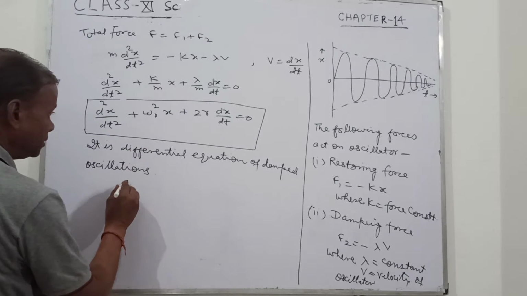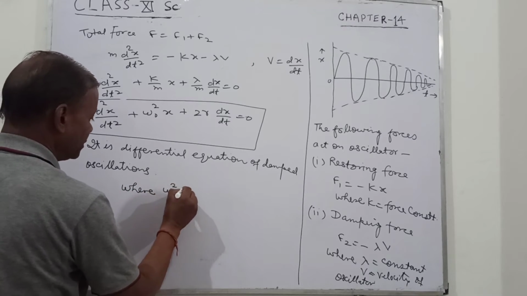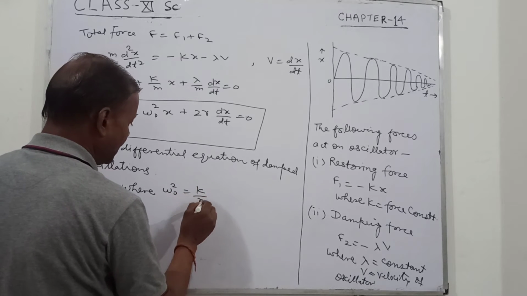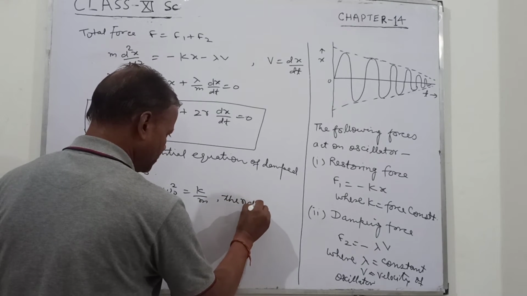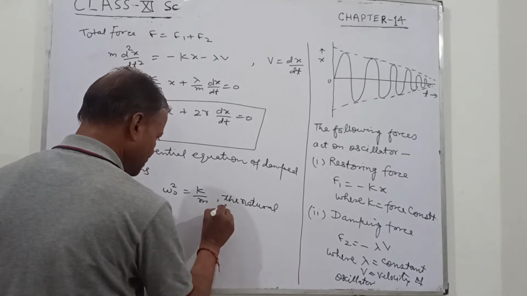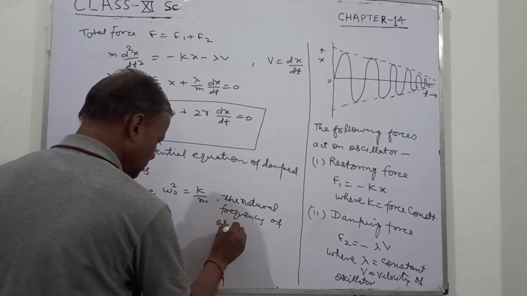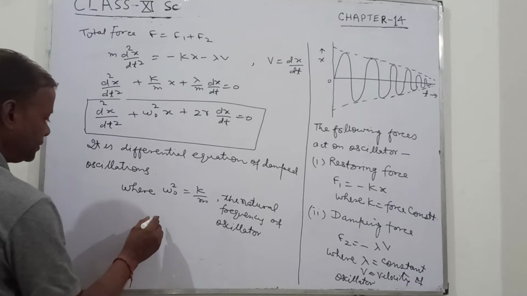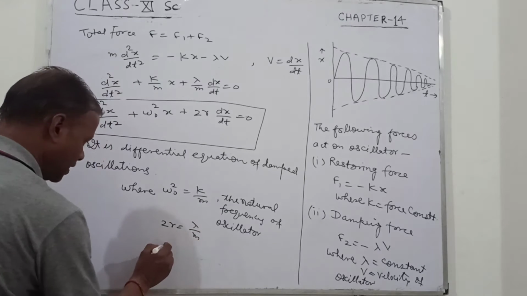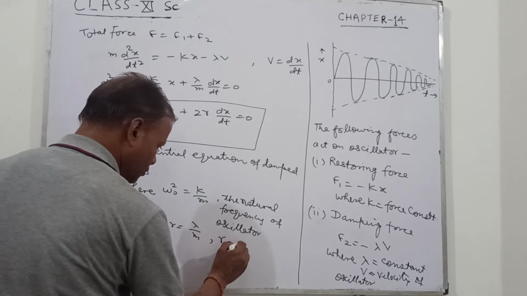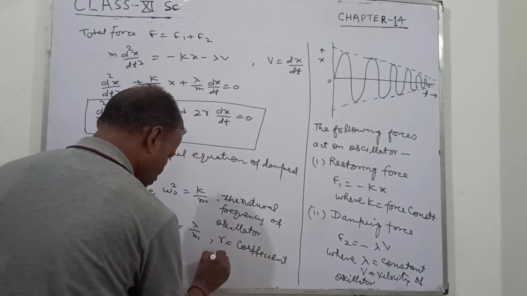Now here we have taken omega naught square equal to k upon m, and it is called the natural frequency of the oscillator, and this 2r equal to lambda upon m, where this r is the coefficient of damping.